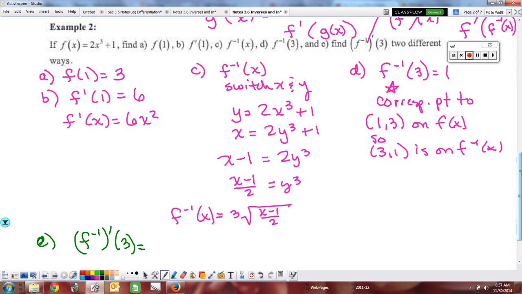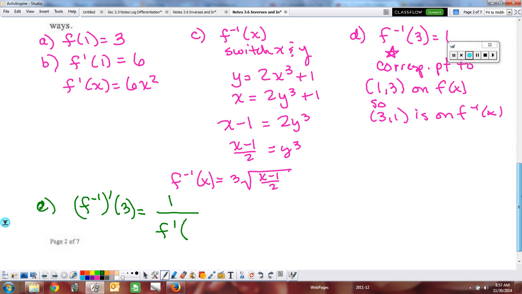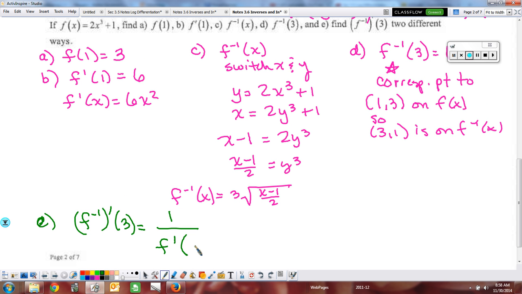That's actually the short way, even though you're like, what? The slope on the inverse is the reciprocal of the slope on the original at the corresponding point. The corresponding point is 1. Right? And since we already calculated this, f prime of 1 equals 6, so this would be 1/6, and we get to walk away from the problem.